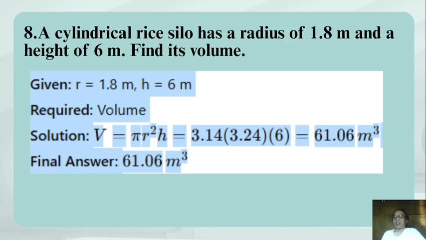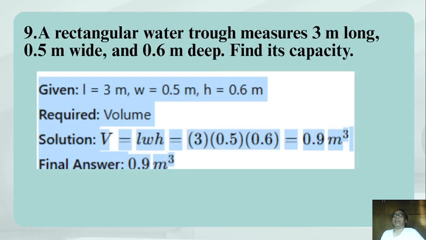We are asked to obtain the volume. The formula to use is V equals pi r squared times the height. Substituting the given data, our final answer is 61.06 cubic meters.